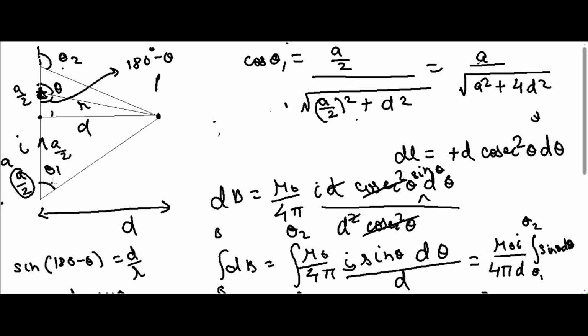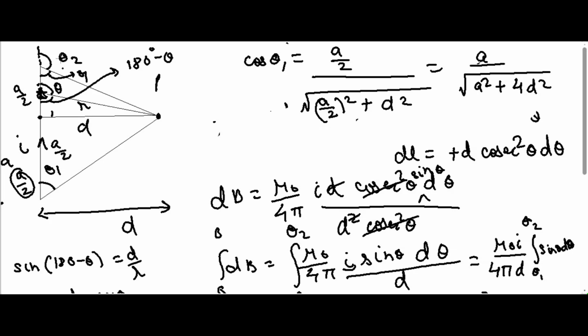Because this is a perpendicular bisector, this will be a by 2, this will also be a by 2, and this angle will also be theta 1. So this angle will be equal to this angle, and the cos of this angle will also be equal to a by the square root of a squared plus 4d squared.